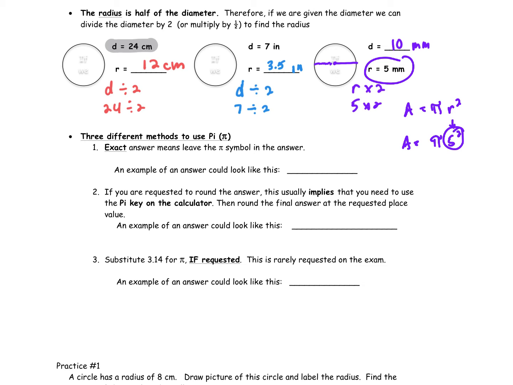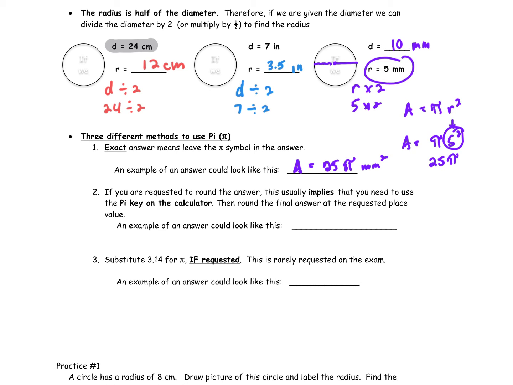We'd be able to square 5, getting 25. We would just scoot the pi symbol at the end. So an answer, if we're working with area, would be area equals 25 pi. And then whatever unit of measure, in this case it was millimeters squared.